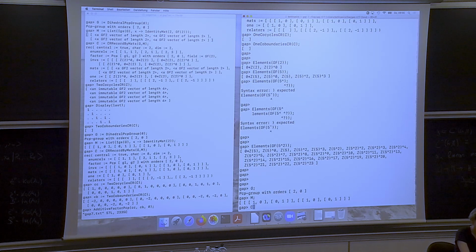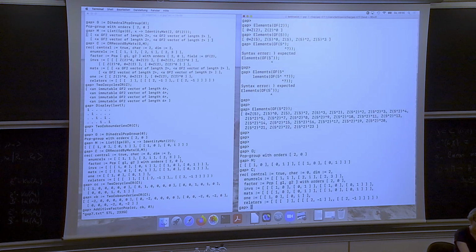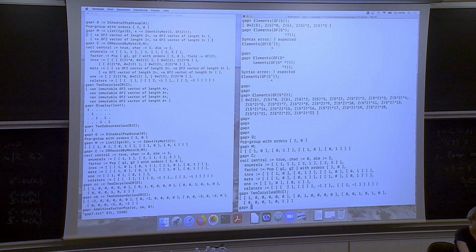We already have this CR record set up. And we can do two cohomology using the same record. Let's try two cocycles first of all.